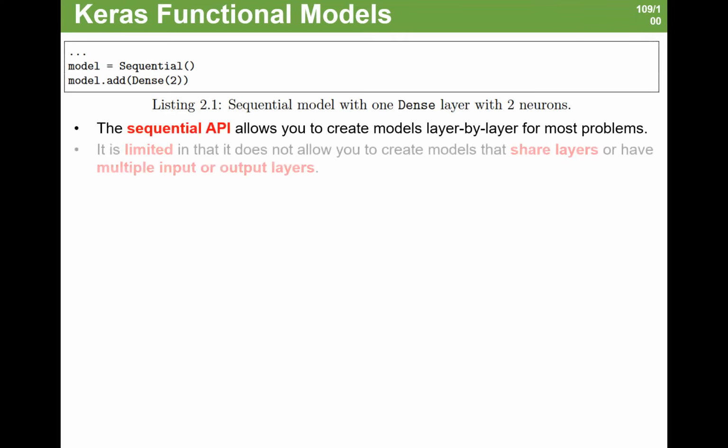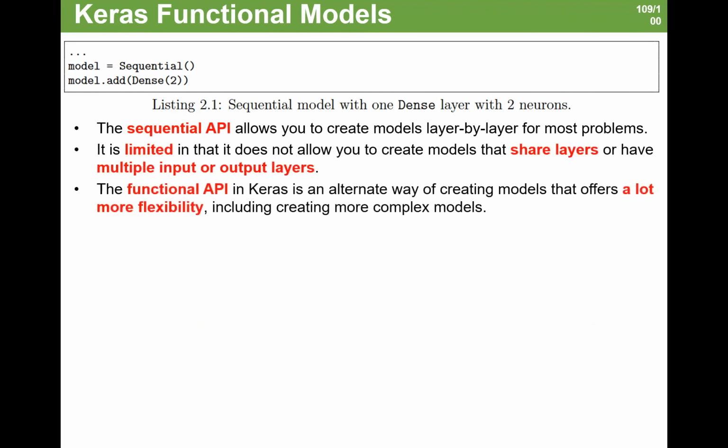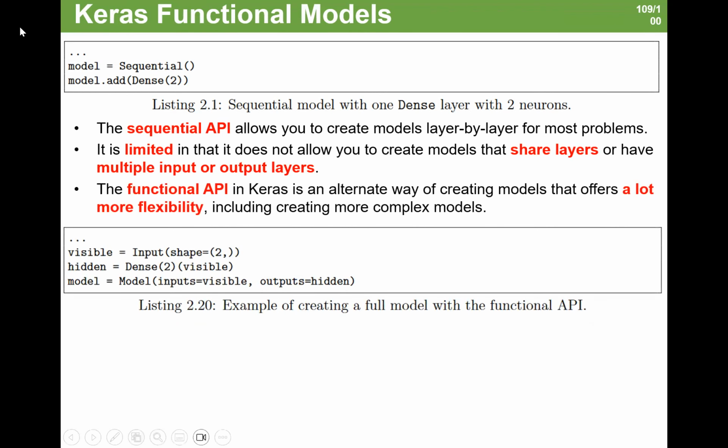Functional models. Normally we start with a Sequential model and then add layers like this. But this functional method is more flexible. We can start with an input layer and a dense layer, and then add them into this model like this.